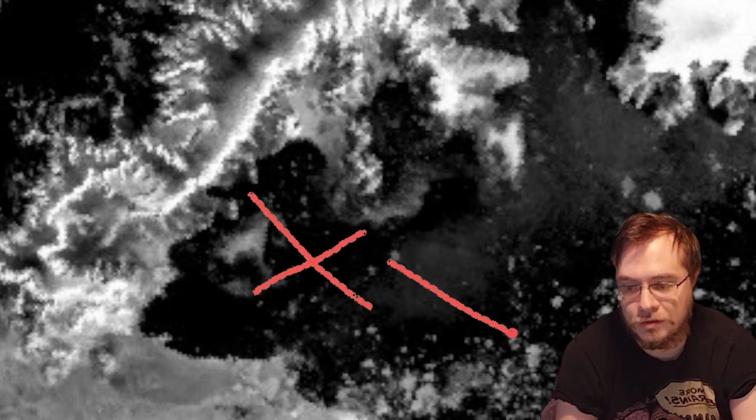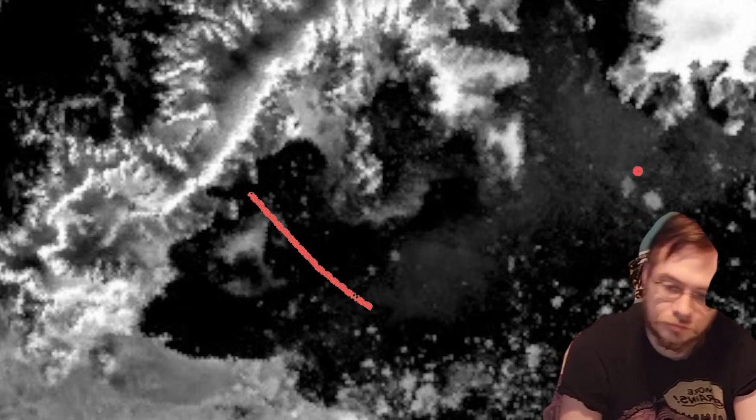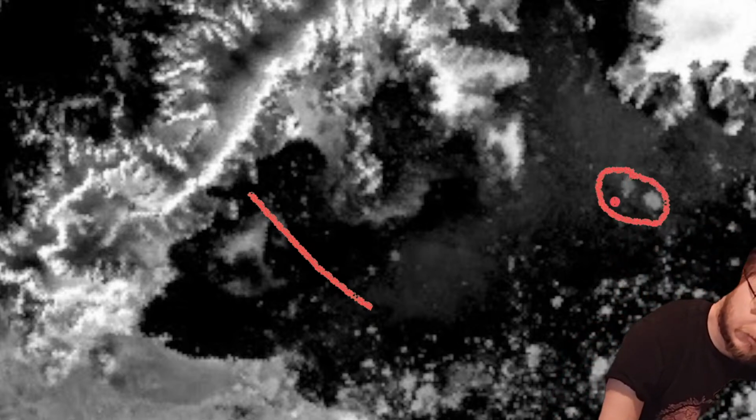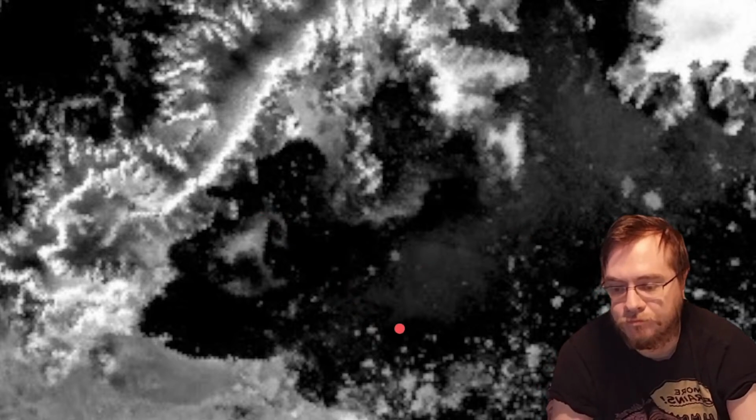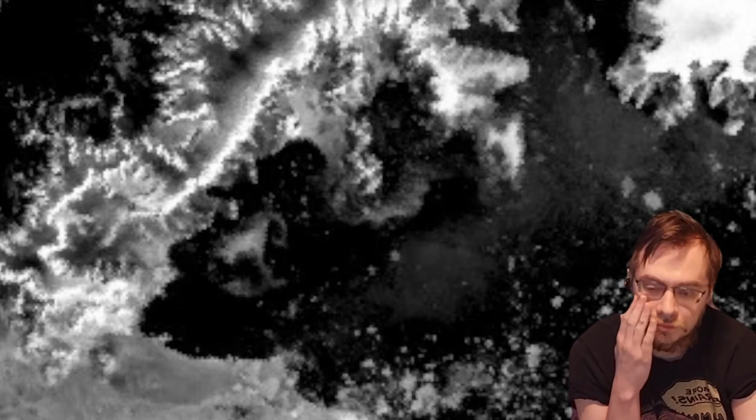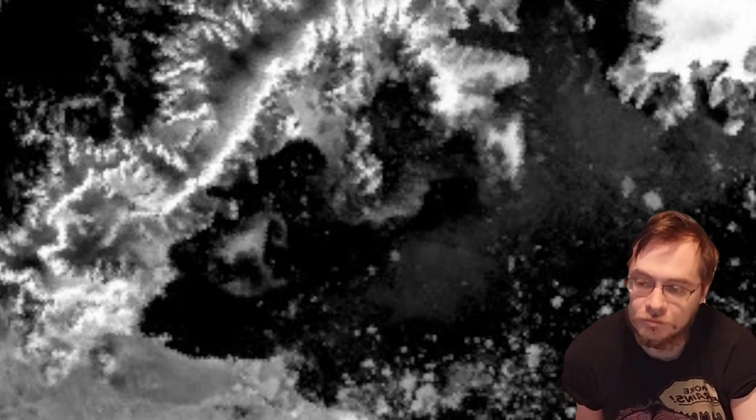It's completely gone. There. Some sea ice, but it's a rapid decline of sea ice.